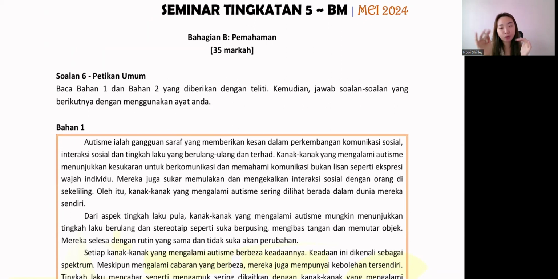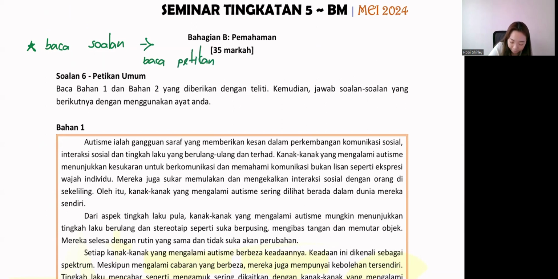If you start off by reading the petikan, it's just wasting your time because you don't know the purpose of reading the article. So the first step, baca soalan. Lepas baca soalan, baru baca petikan. Tetapi baca soalan terdahulu.